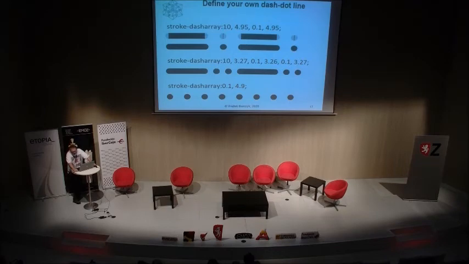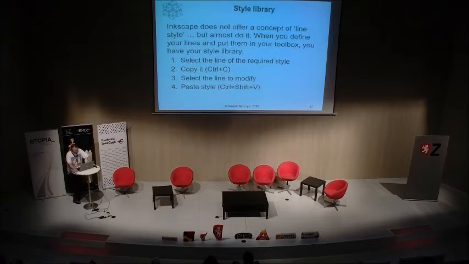So when we have the round cap line, this almost nothing dash became nice round dot. And if you wish to use double dot line, you can define it in similar way, or also in the similar way we can define dot line. And we must do it with this editor, which is not very nice to use, only once, then put our line to the toolbox and copy it whenever we would like to use it, or just paste style.